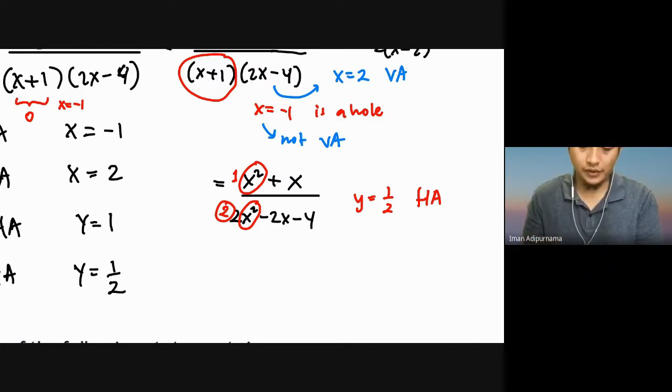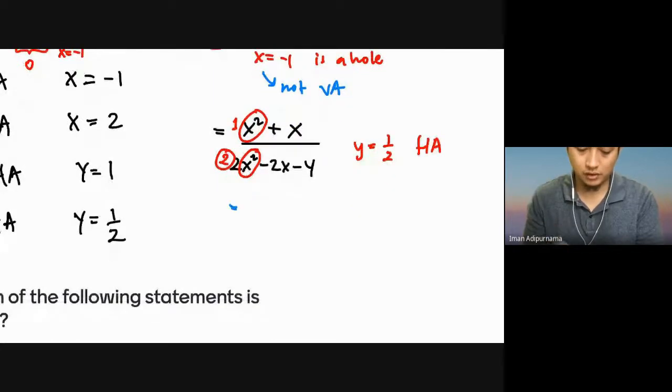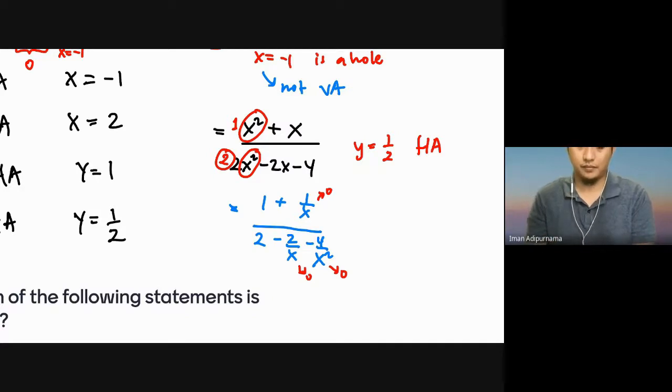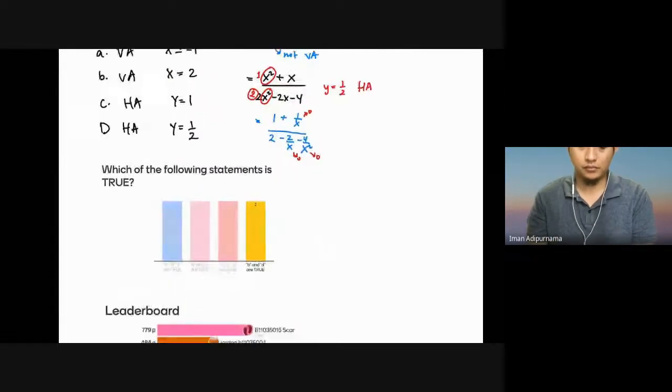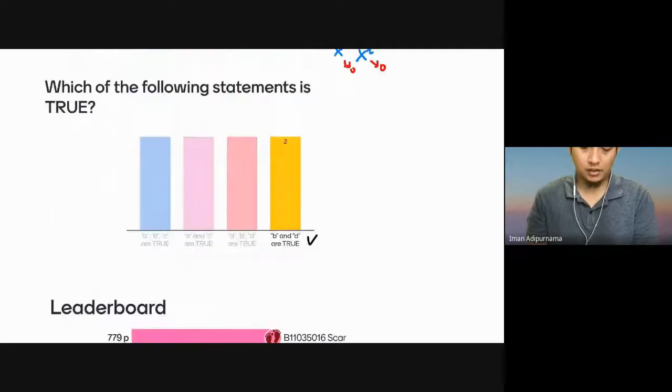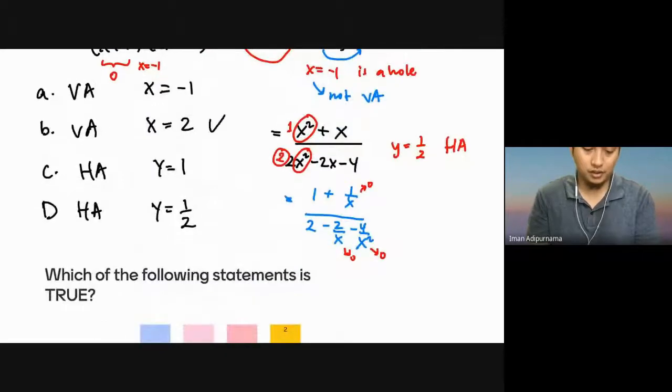Or if you want to be more precise, you can divide by x squared. This will be approaching 0, approaching 0, approaching 0, and we will have half. So B and D are true.